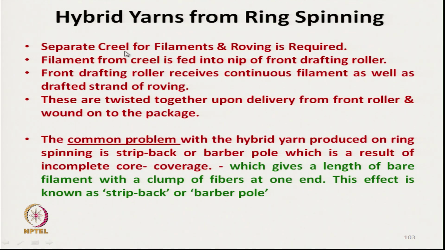So, separate creel for filament and roving is required: filament for reinforcement and staple fiber roving for the matrix. Filament from creel is fed into the nip of the front drafting roller.